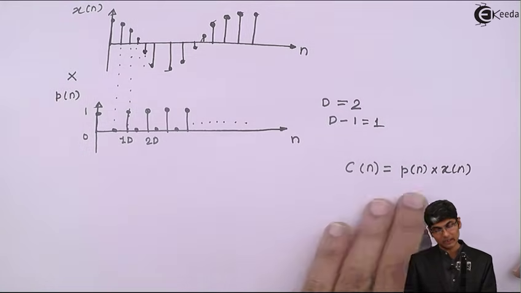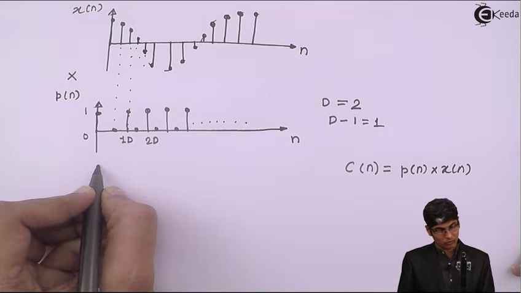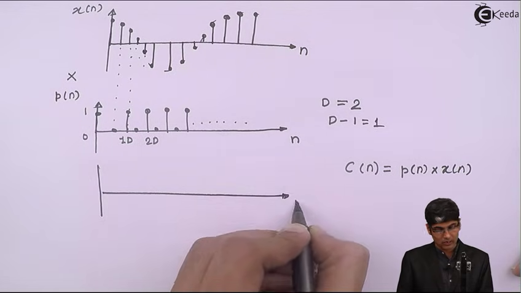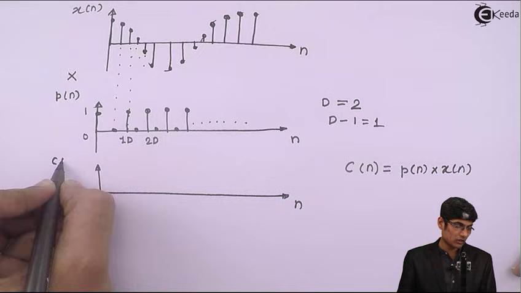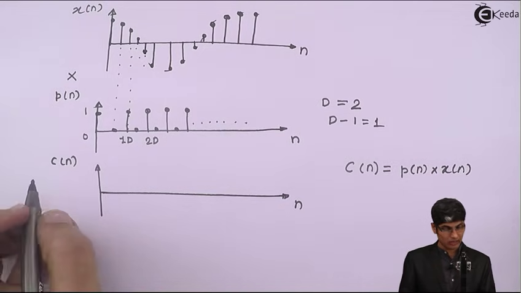Let us assume that I am getting a new sequence now, C of n, which is P of n cross X of n. So what will C of n look like? I am drawing a new function C of n.